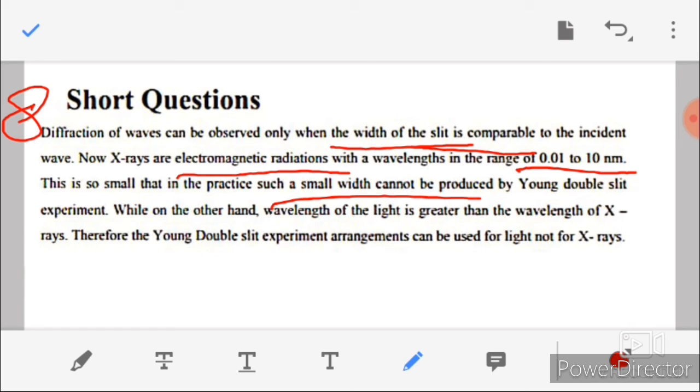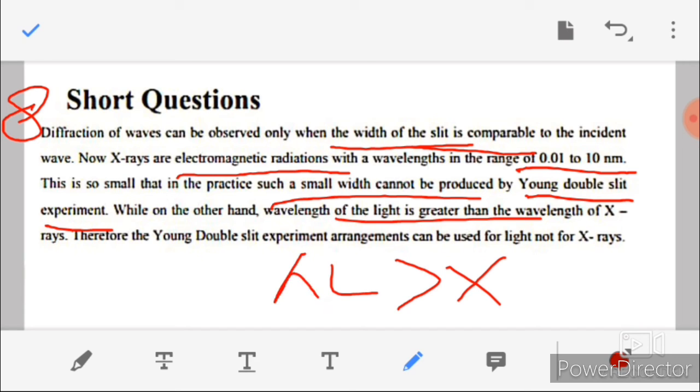So X-rays cannot produce a Young's double slit experiment. On the other hand, the wavelength of light is greater than the wavelength of X-rays. Therefore, the Young's double slit experiment arrangement can be used for light, not for X-rays. So this is the answer of question number 8.